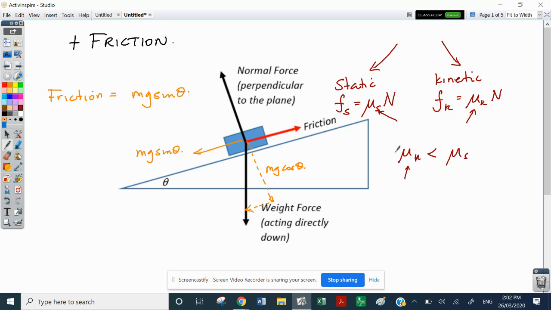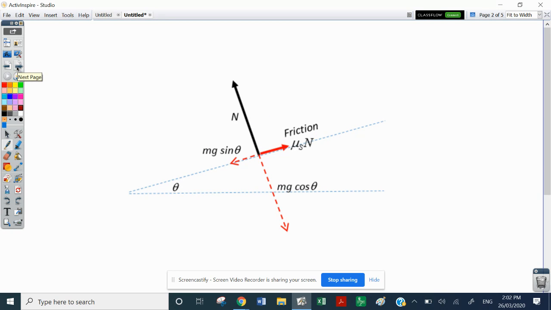Right. So if we are looking at all of the forces that are on an object like this, we'll just take the static idea here. It is a static equilibrium.